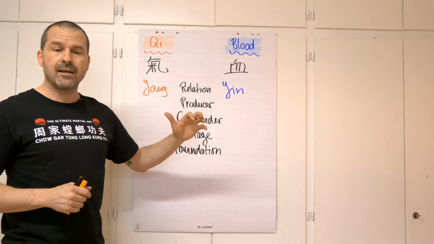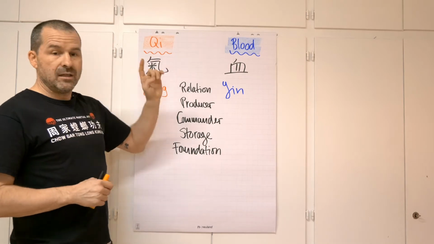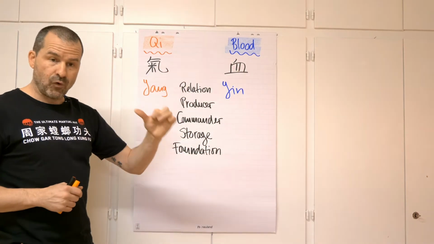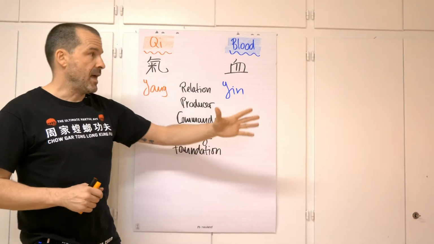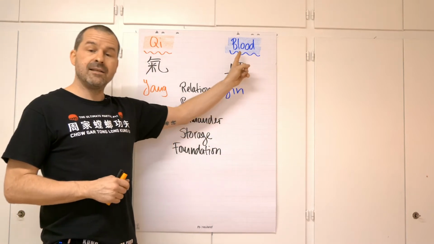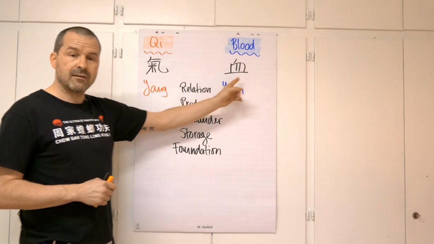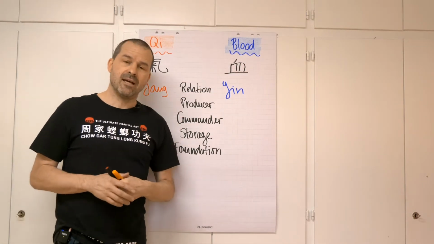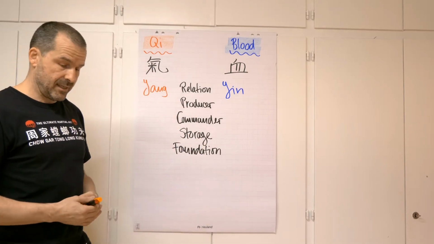And we have a saying in the Chinese classics: qi moves the blood. So without the force of the qi, the blood cannot flow. And on the other hand, blood is the mother of qi. That means blood feeds the qi. So they are in a relation to each other, like yin and yang.